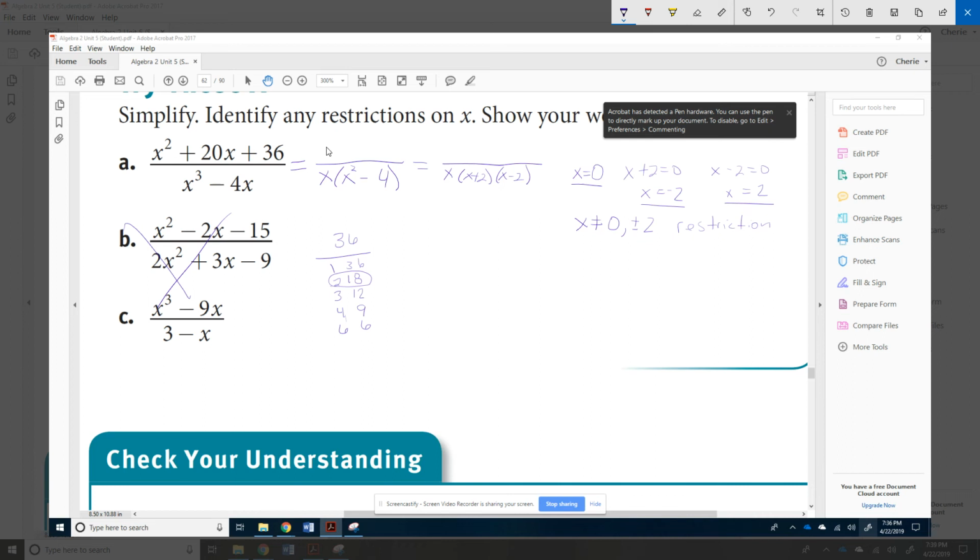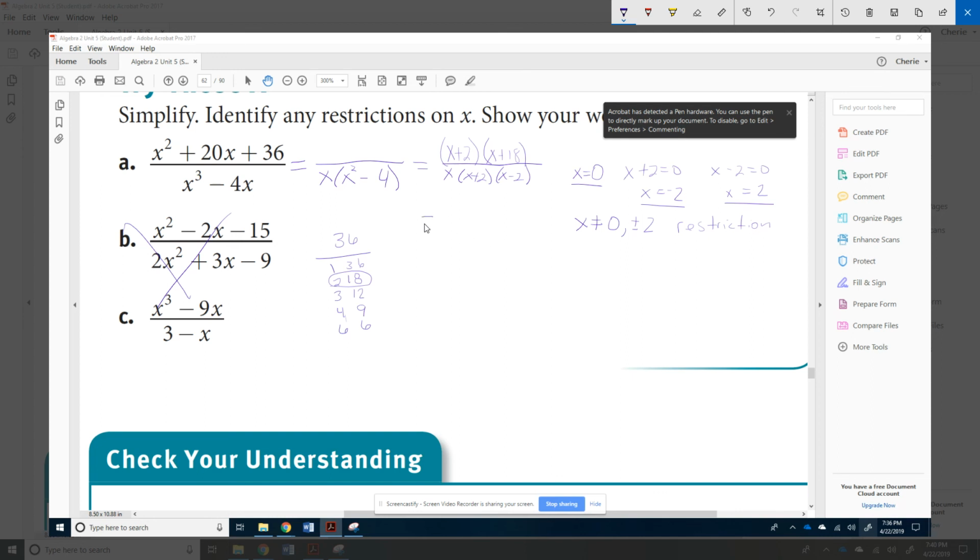So that means that this top part, I can go ahead and factor it over here, is going to be x plus 2 times x plus 18. Okay, x plus 2 times x plus 18 will give me x squared plus 20x plus 36.